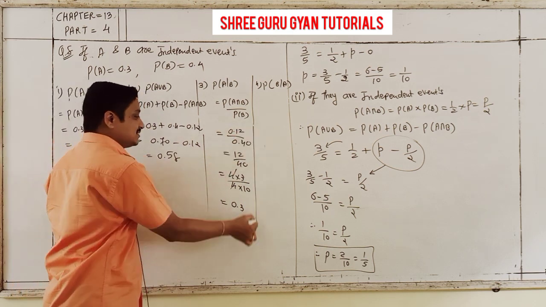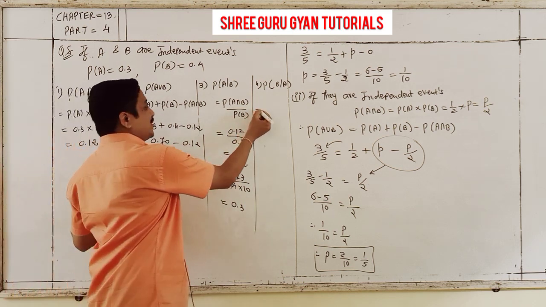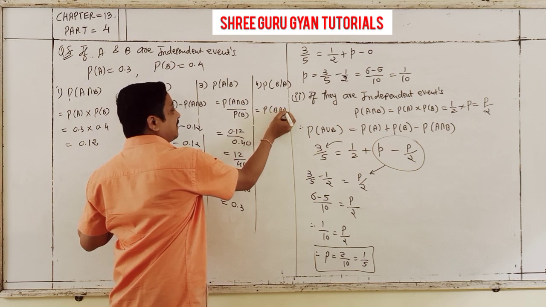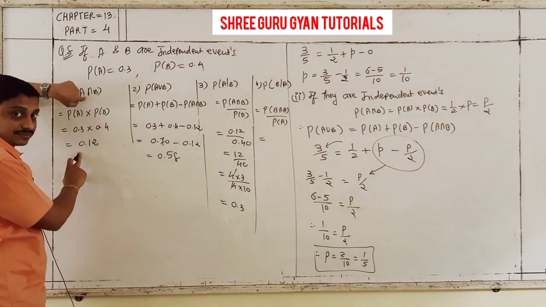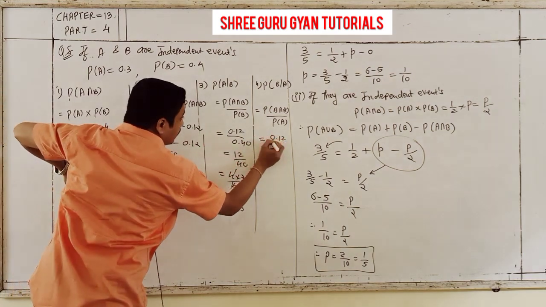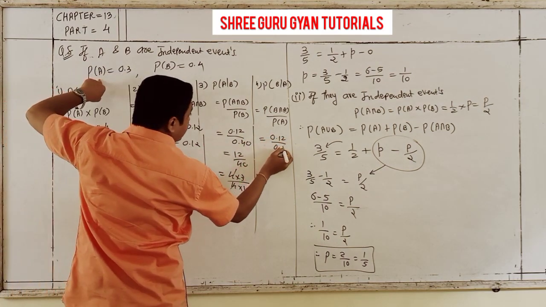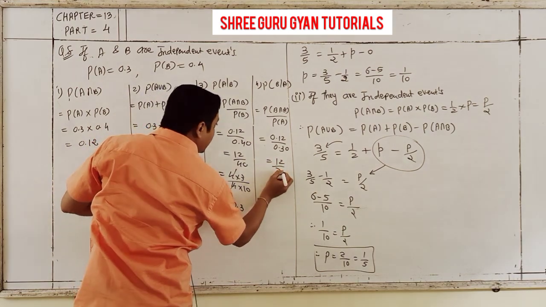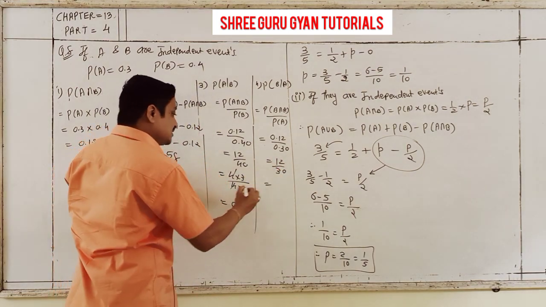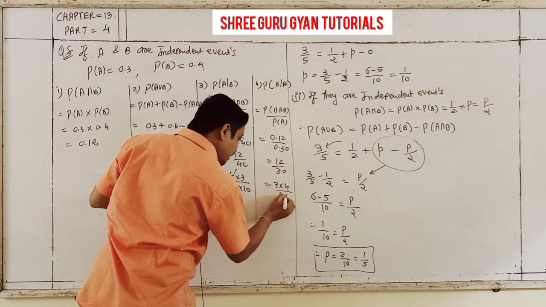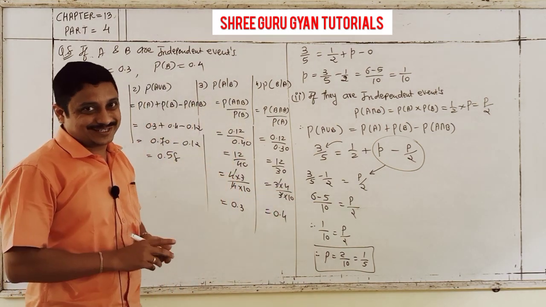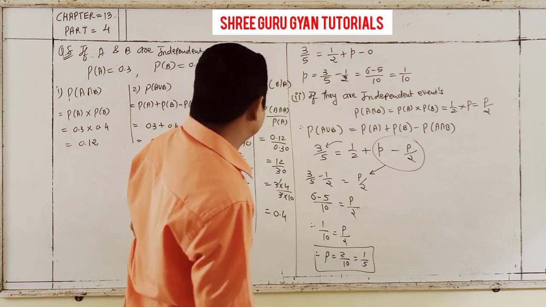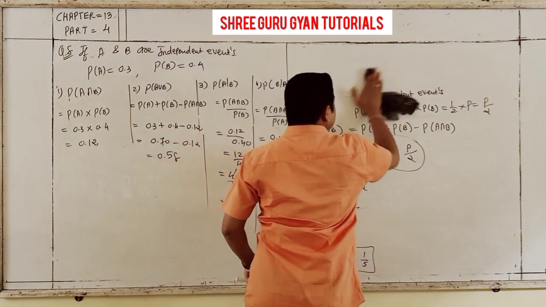And the last, similarly, P of B given A is P of B intersection A upon P of A. It is also 0.12, and P of A is 0.3, which I write as 30, so 12 by 30. It is 0.4, I mean 0.40. Very easily and happily, students, this question 8 is done here.